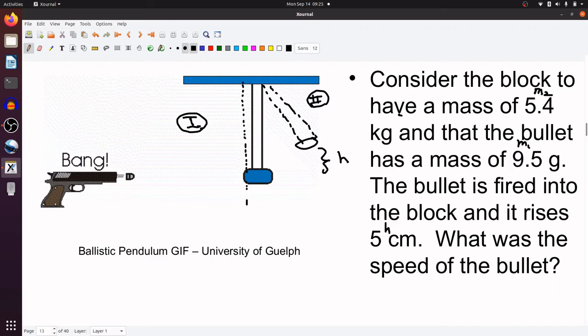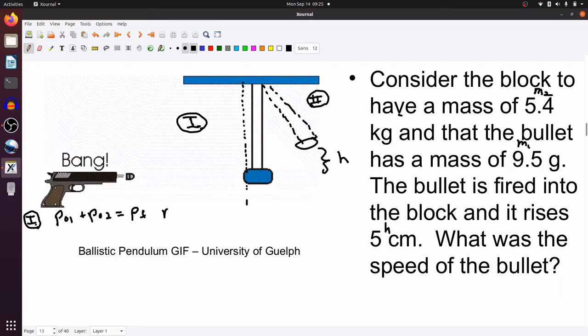We don't really know a lot of information, and that's why we have to break it up into two parts. If I just look at part one, what I've got is the initial momentum P01 of my bullet, and then an initial momentum of my block, and that's equal to one common final momentum because they stick together. It's a completely inelastic collision.